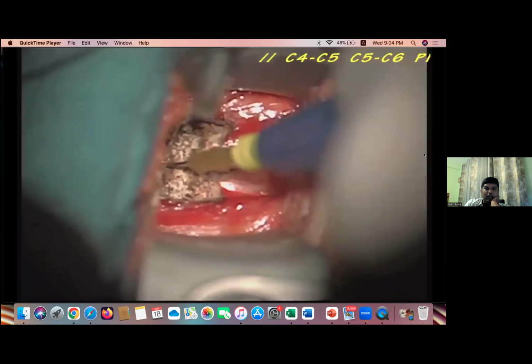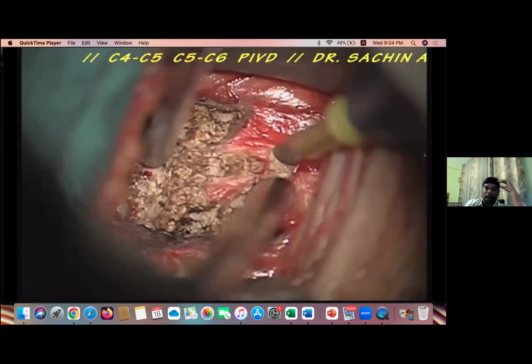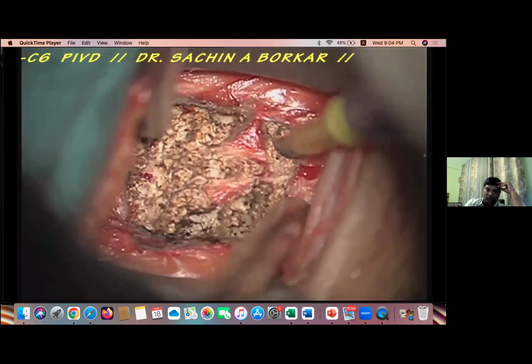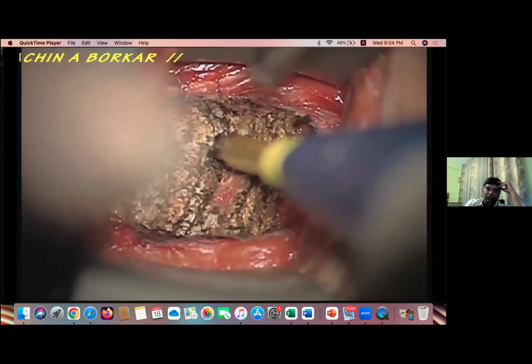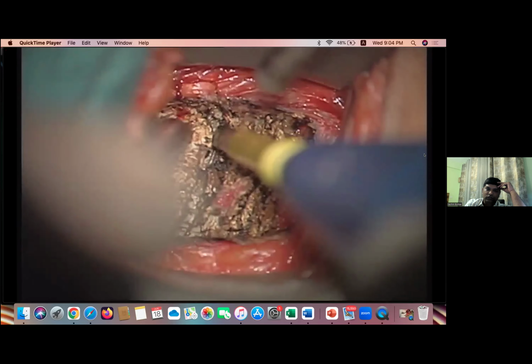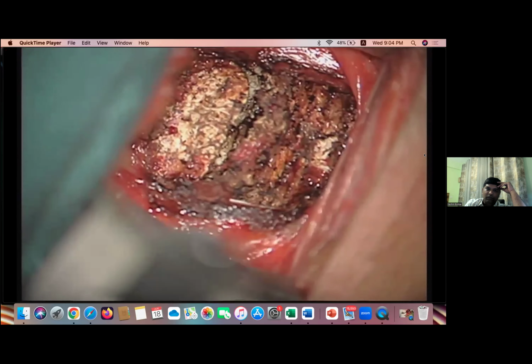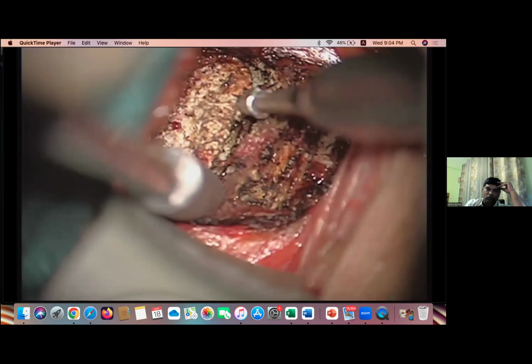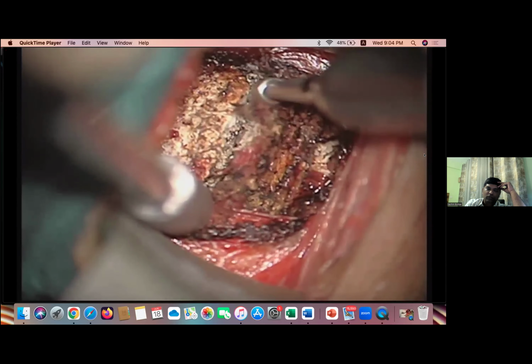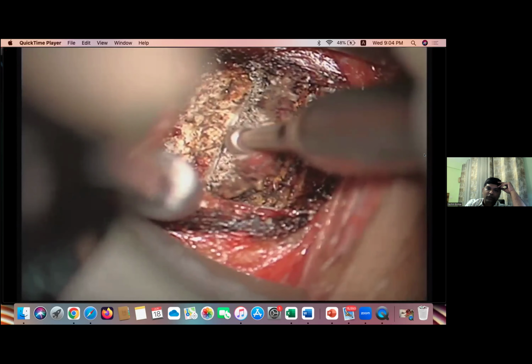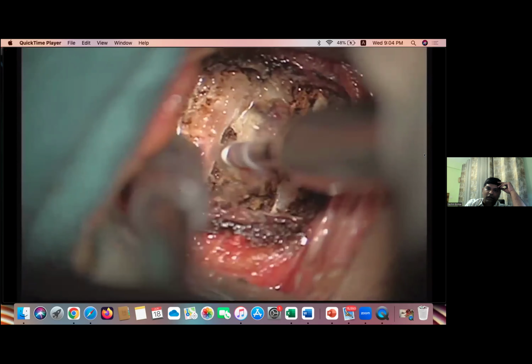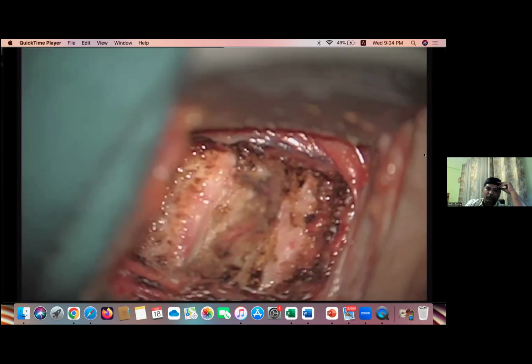You can confirm the level at this point and define the intervertebral disc. At times, there can be bridging anterior osteophytes which obscure your disc, so they may be gently drilled so that you get better access to the disc space.